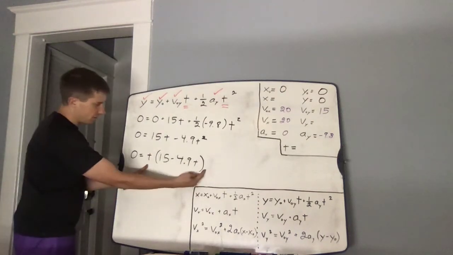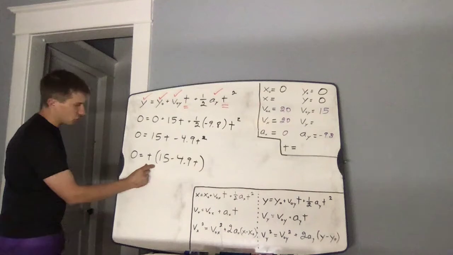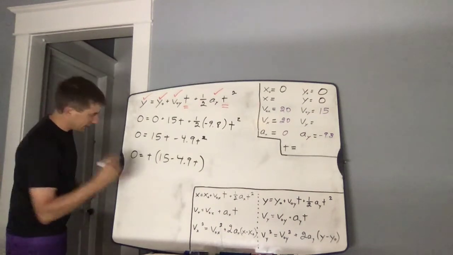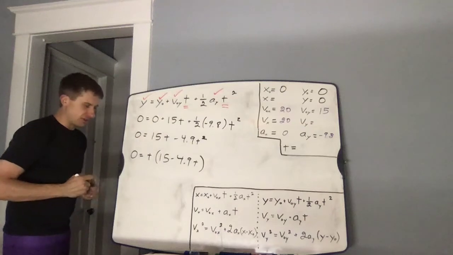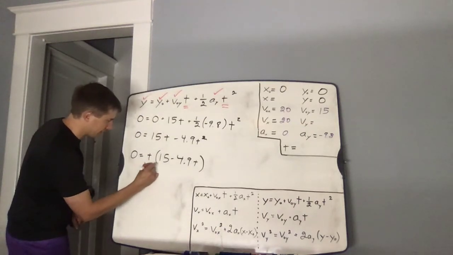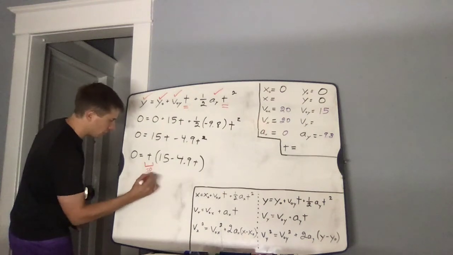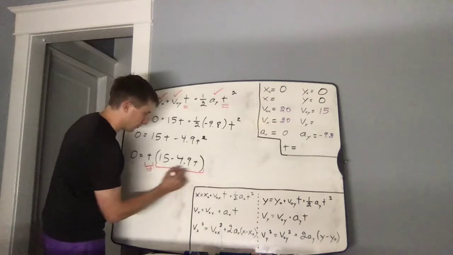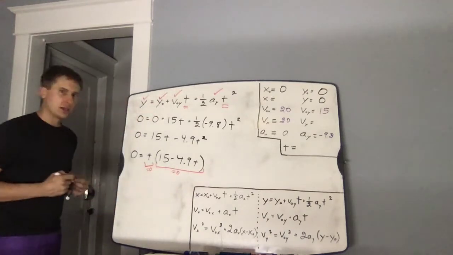Now all of this stuff, I have a term multiplied by another term. So I have two possibilities. One possibility is this term is equal to 0. The other possibility is this term must be equal to 0.